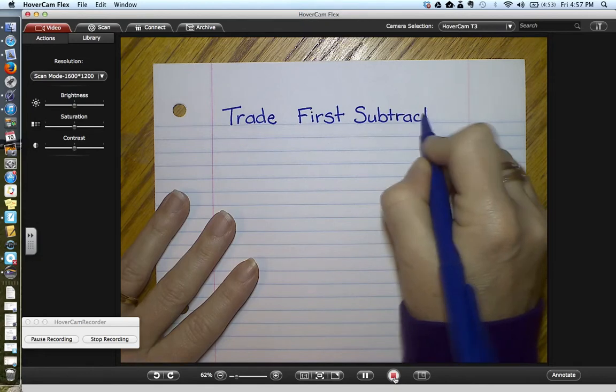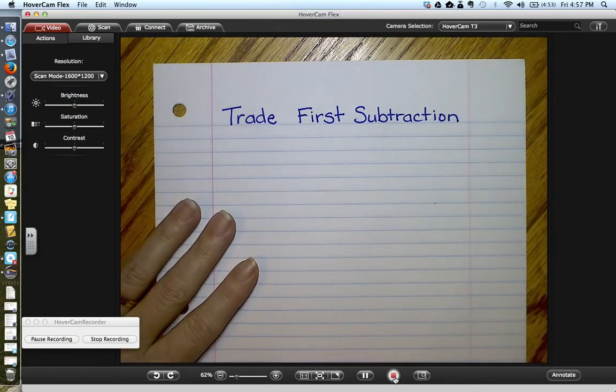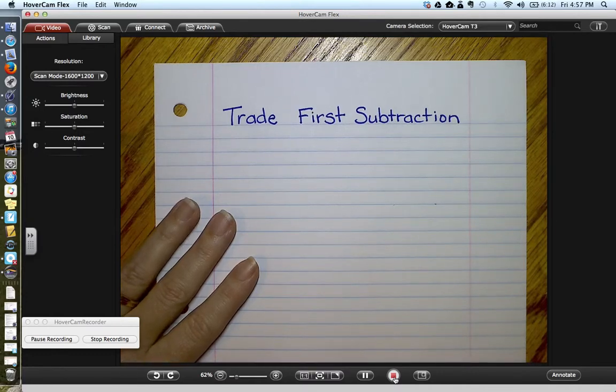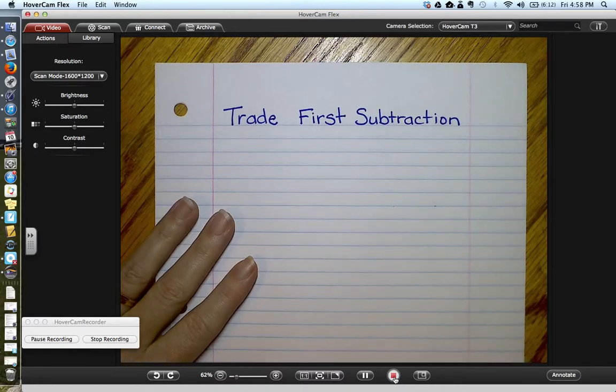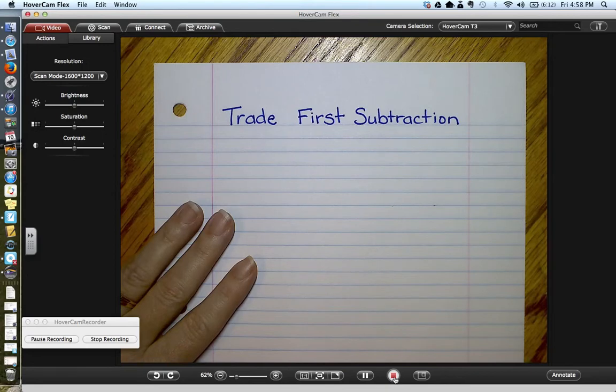And again, at any time, if you need more time to get caught up, you could press pause and then just continue when you're ready. So write that title, Trade First Subtraction, across the top. If it doesn't quite fit the way mine does, that's okay. You can go down to the next line, fit it the best way that you can, but do try to write it neatly so that you can read it later.